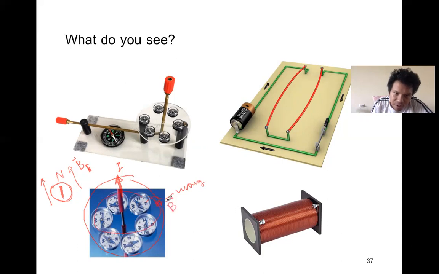It generates a magnetic field stronger than the Earth's magnetic field, and you can see that the direction of the magnetic field makes a circular path, making the compass turn in the same direction as the magnetic field. So we have a picture that a current can create a magnetic field around the current line.